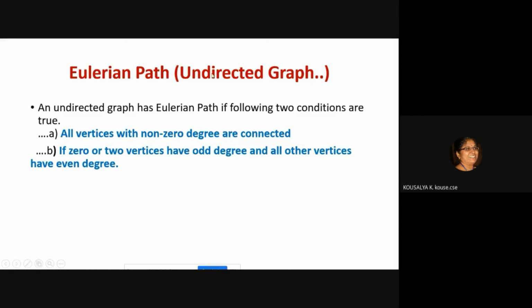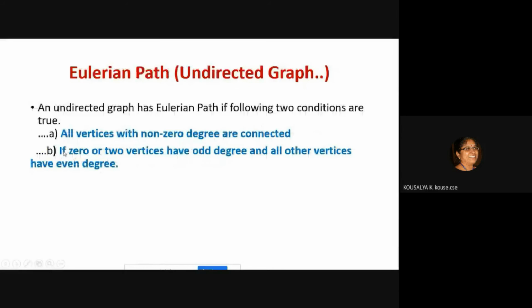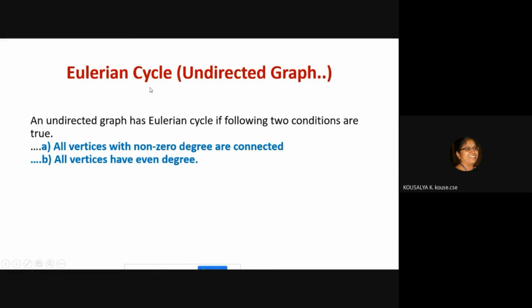So what is an Euler path in an undirected graph? The first condition is the same: all non-zero degree vertices are connected. The second one is that zero or two vertices have odd degree, and the remaining are all even degree. In that case, you have an Euler path, not an Euler cycle. For an Euler cycle, all vertices must have even degree.